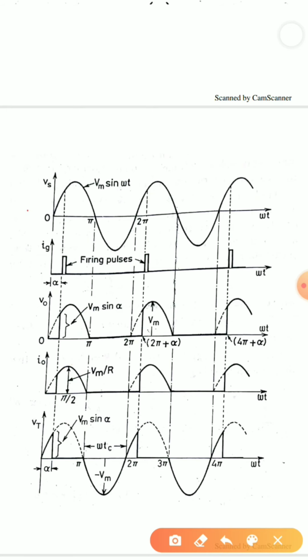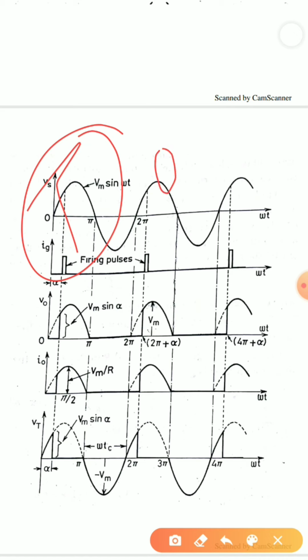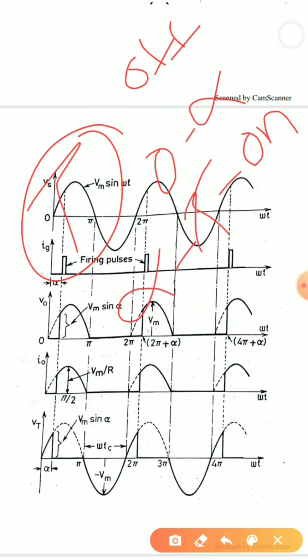Then this thyristor, from 0 to alpha it was off, from alpha to pi it was on. So there is a voltage across the thyristor from 0 to alpha.